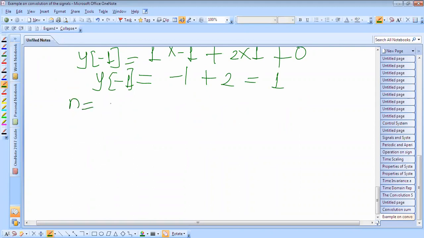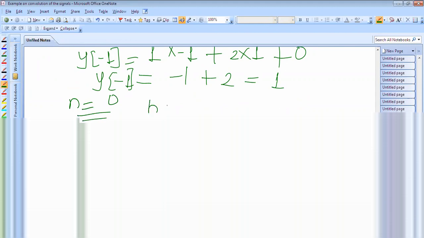Okay. So next is n is equal to 0. Now we will put n is equal to 0. n is equal to 0 means h of n minus k.